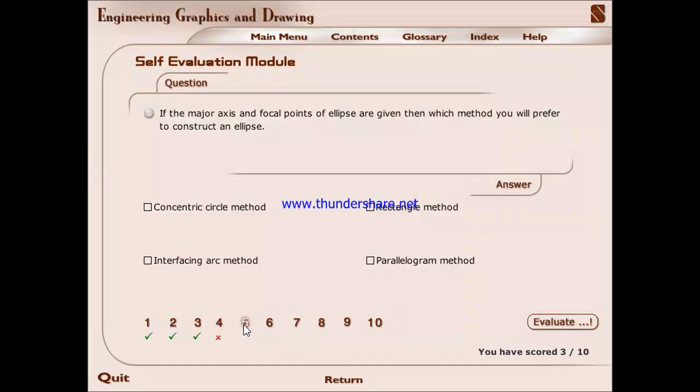The concentric circle method needs the major and minor axes, and similarly the rectangle method and parallelogram method.